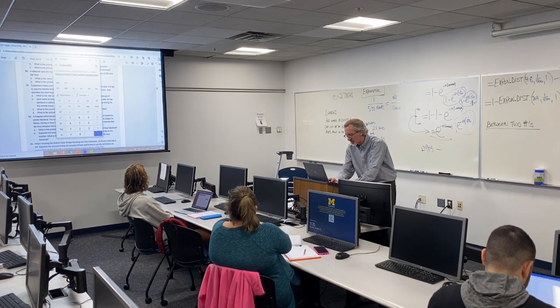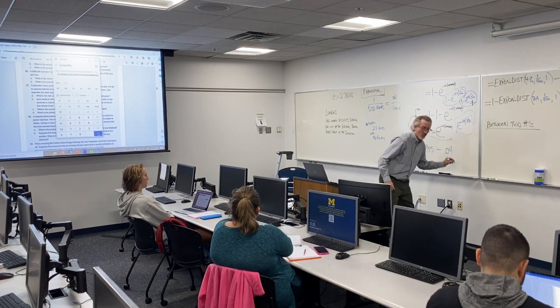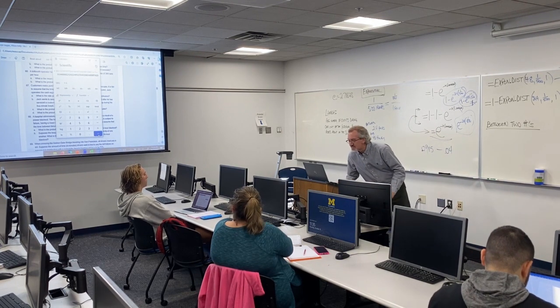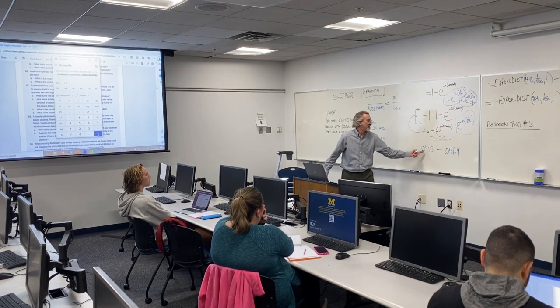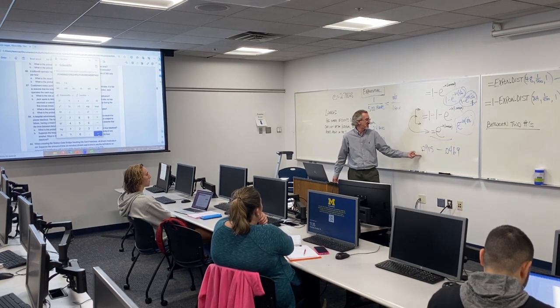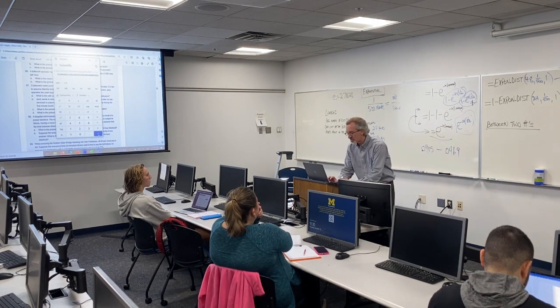Now I subtract it from 1: make it negative, add 1. This is going to be 0.0469. And now I subtract the two. 9% minus 4.5% equals about 4.5%.